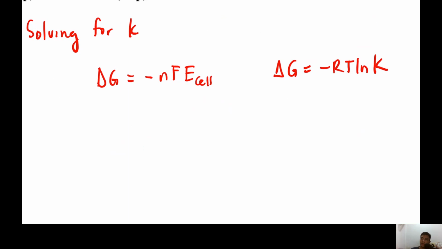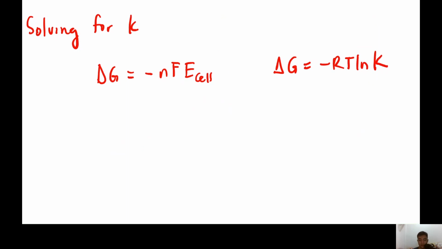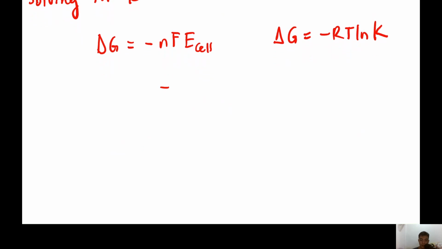If this is equal to this and this is equal to this, then this is equal to that. So we have negative nF E cell equals negative RT ln K. Cancel the negative signs, making them positive.